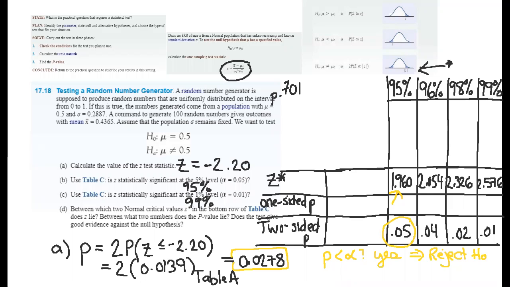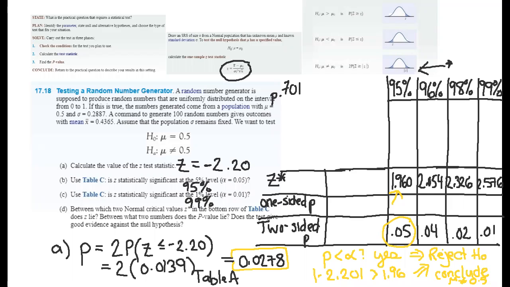So our z-score of negative 2.20 is more extreme in absolute value than the z-score 1.96, right? So again, we're going to reject the null hypothesis, therefore concluding that mu is probably not 0.5.